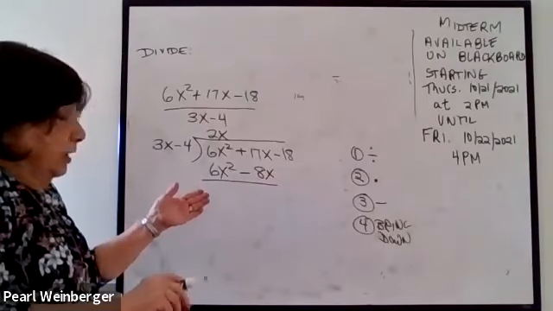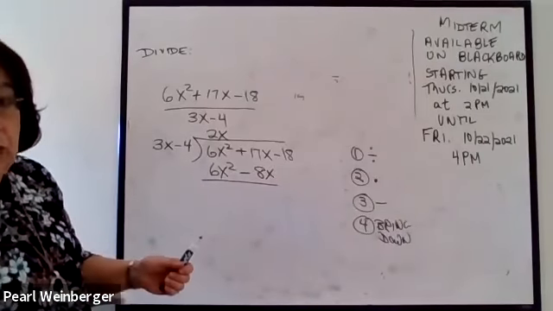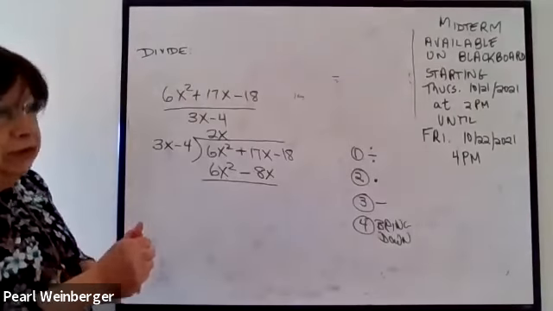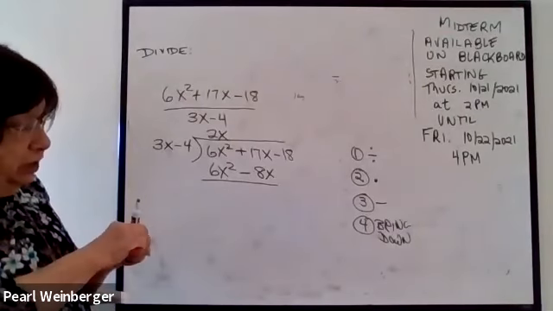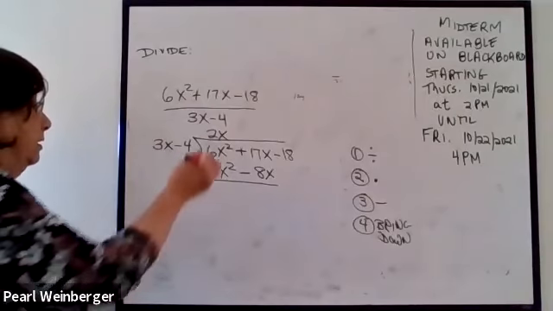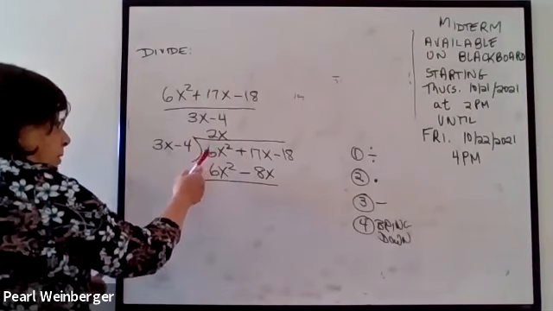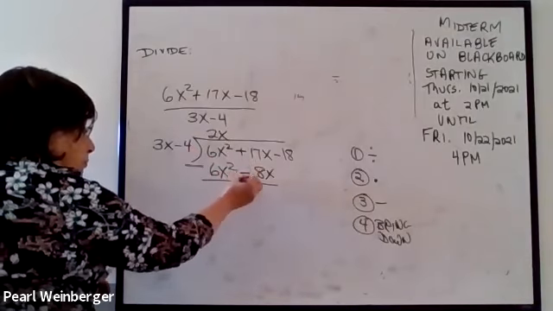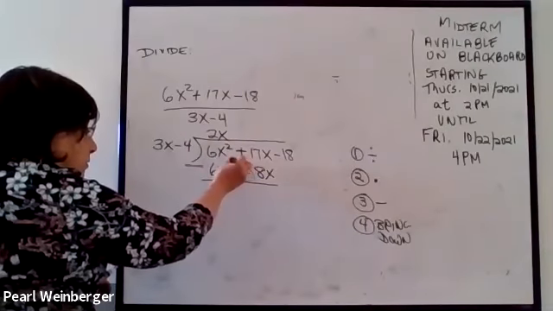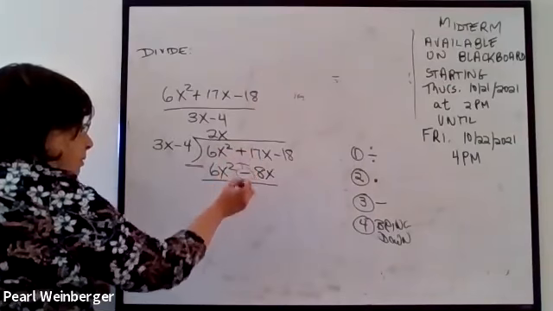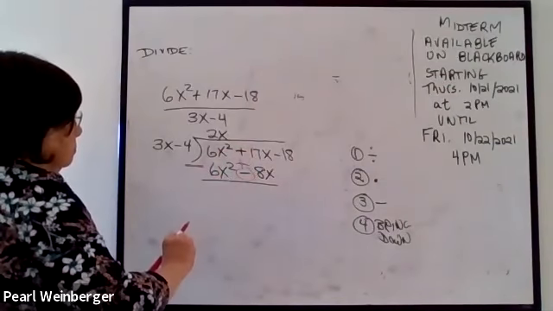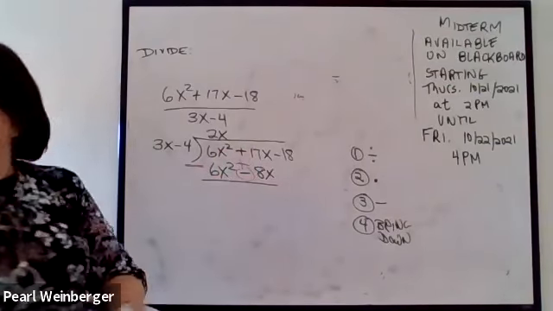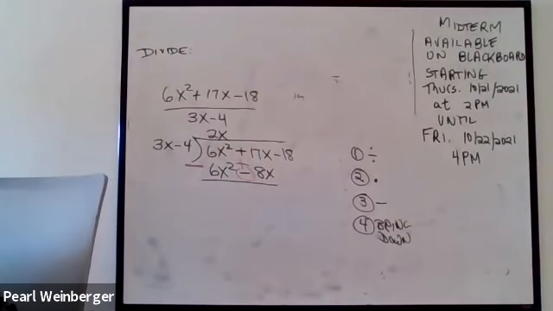Now I've done the multiplication, now I want to do the subtraction. I always like to do the subtraction by changing signs and then combining. So this is originally a positive, it's going to become a negative. And this is originally a negative, so it's going to become a positive.